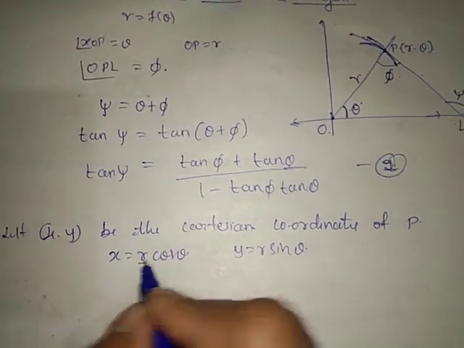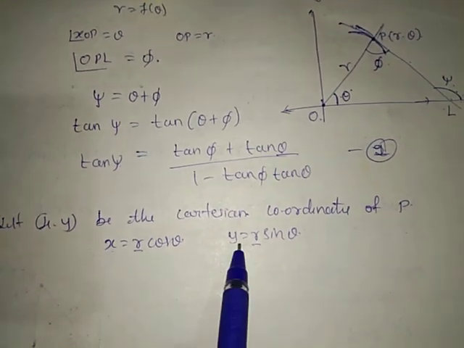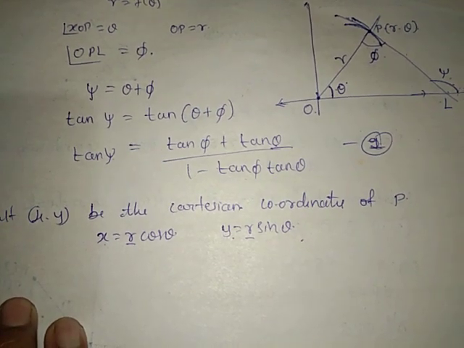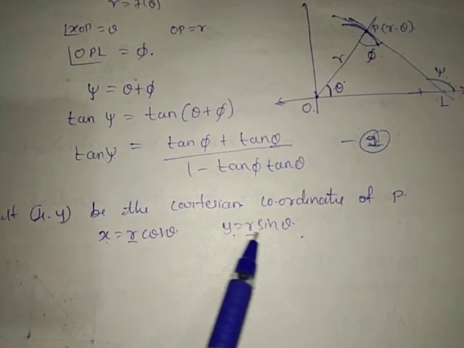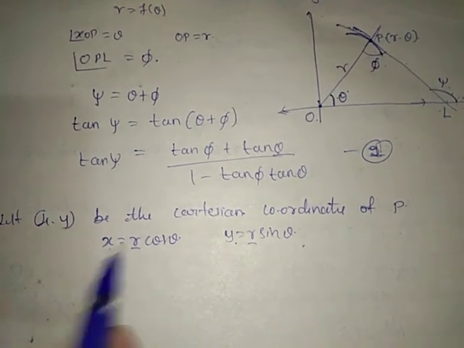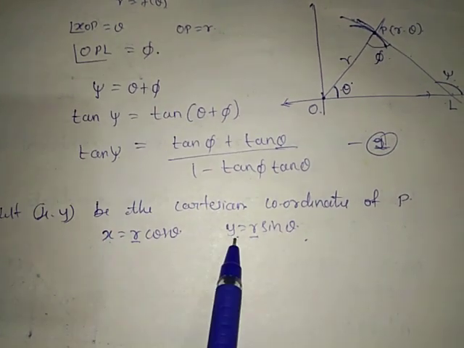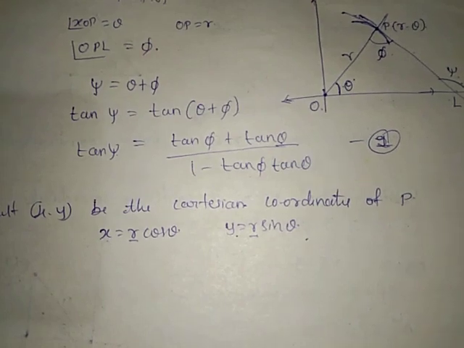Here we already know that the curve r is also a function of theta, so both x and y are functions of theta. These are the parametric equations in terms of theta.